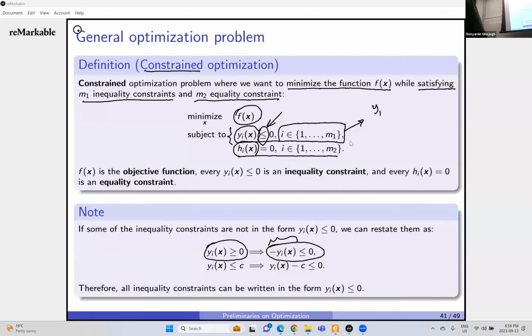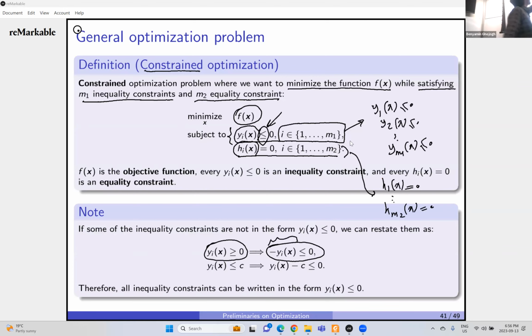This is actually like this: g1(x) less than or equal to 0, g2(x) less than or equal to 0, until gm1(x) less than or equal to 0. Also, this is the condensed version for this: h1(x) equals 0 until hm2(x) equals 0. So I have m2 equality constraints and m1 inequality constraints.